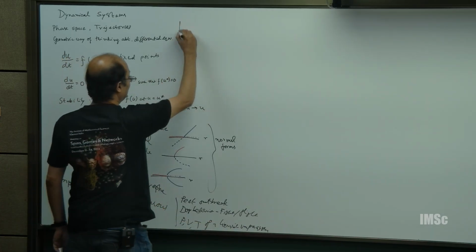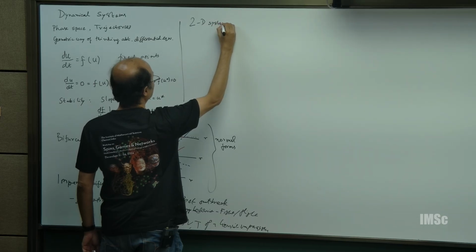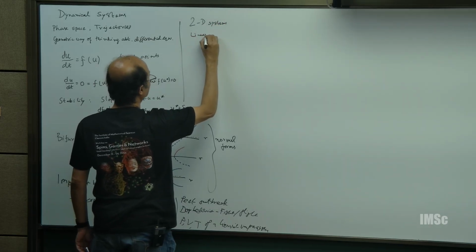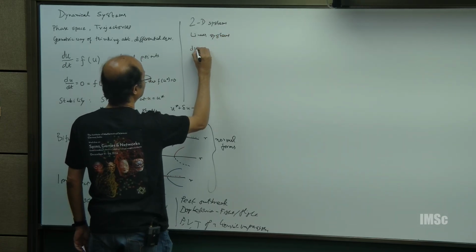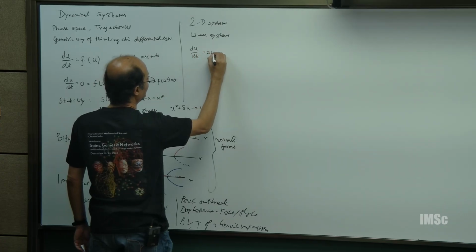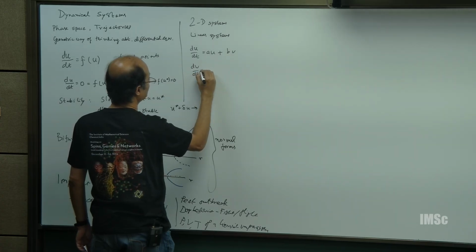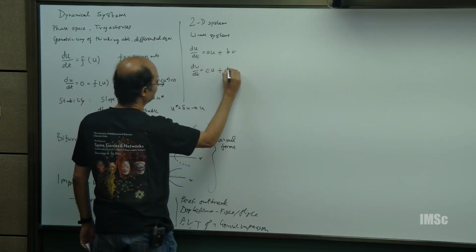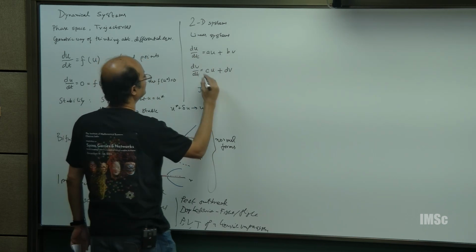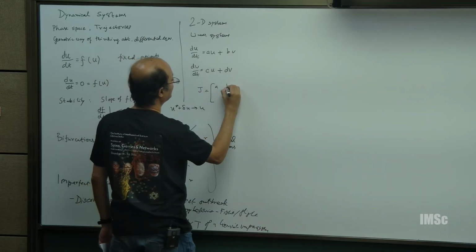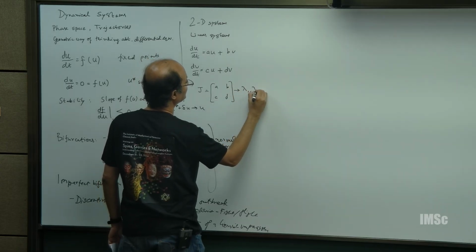And then last day we started on 2D systems and we looked at linear systems. In general, you can write it as du dt equal to au plus bv and dv dt equal to cu plus dv. Therefore, you can write down the slopes of these as the matrix A, B, C, D, and it has 2 eigenvalues.